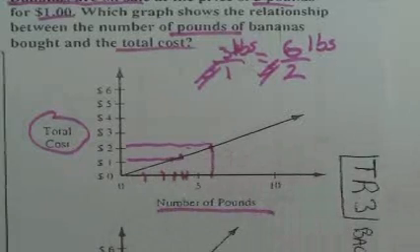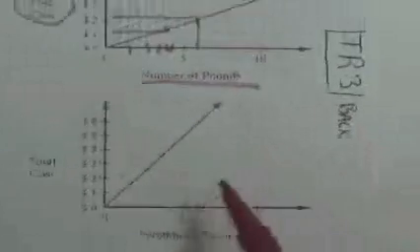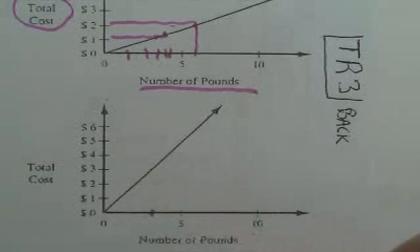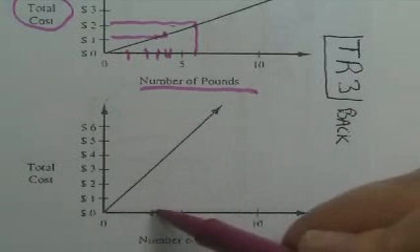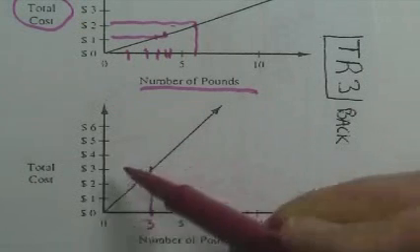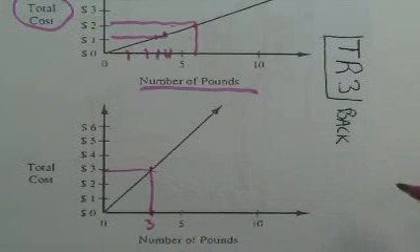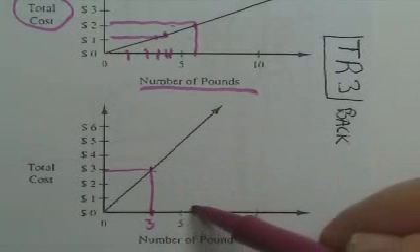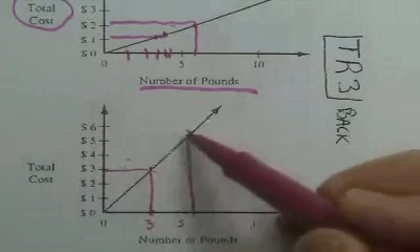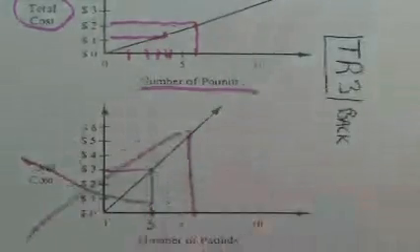Let me just check the other ones to make sure. How about the next one? At 3 pounds, is it about $1? No. Looks like it's about $3. And at 6 pounds, is it $2? No, it looks like it's about $5 or $6. So this one's out. All right, the one below that.